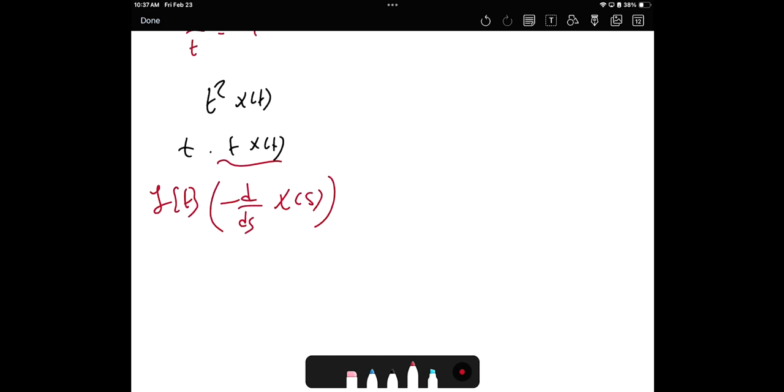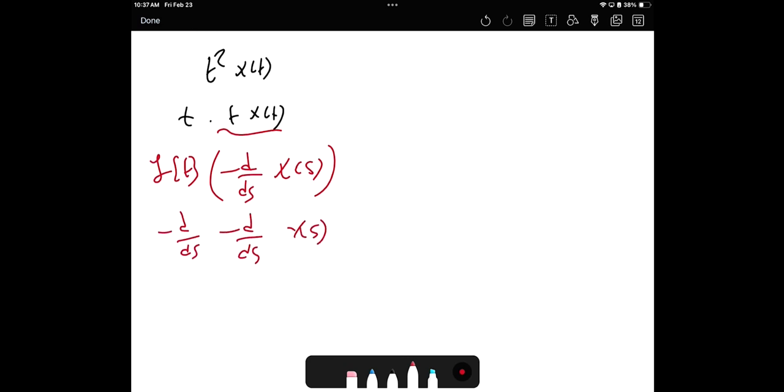So then another t will be negative d by ds, negative d by ds x of s. Negative and negative will cancel each other, so it will be positive d squared over ds squared x of s, which is second order. So every derivative, there will be a negative sign. Okay?